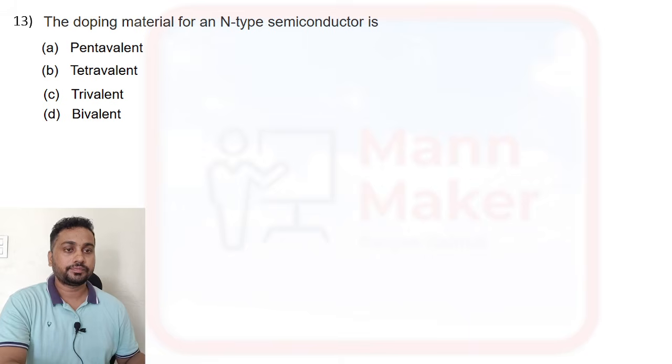All right. The doping material for n-type semiconductor is what? So for the doping material they are asking about n-type semiconductor. If you talk about semiconductors, basically we have two types.